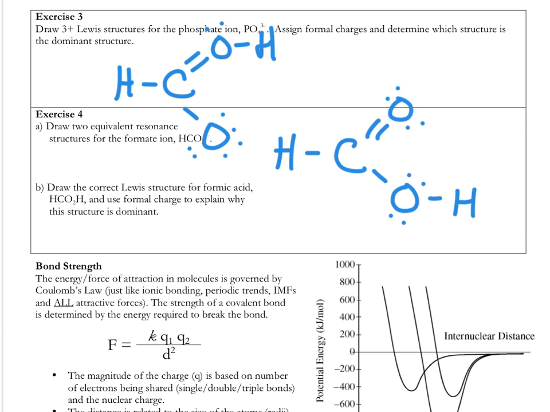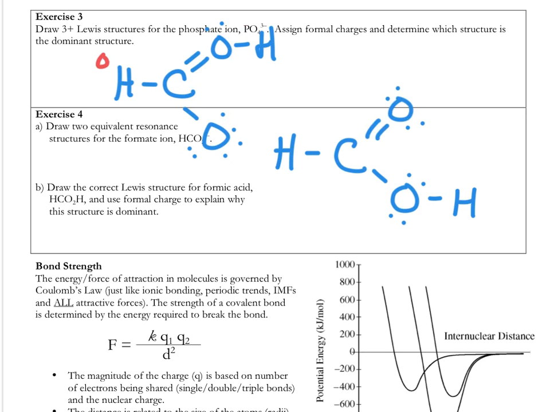I think that's better. So we double check. This has used 2, 4, 6, 8, 2, 4, 6, 8, 10, 12, 14, 16, 18. Everything, the oxygen is 2, 4, 6, 8, carbon is 2, 4, 6, 8, oxygen is 2, 4, 6, 8. Same idea here. So all I did was used some of the electrons that used to be a lone pair on this oxygen or on this oxygen to bond to hydrogen.